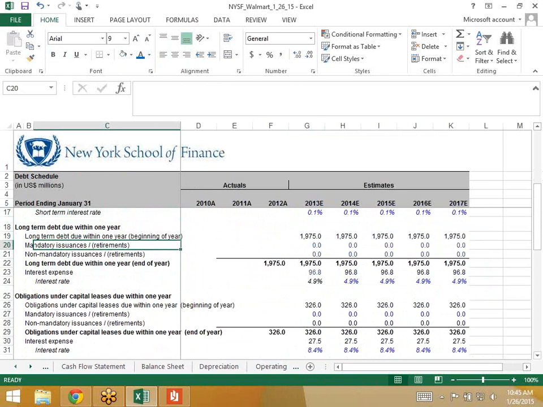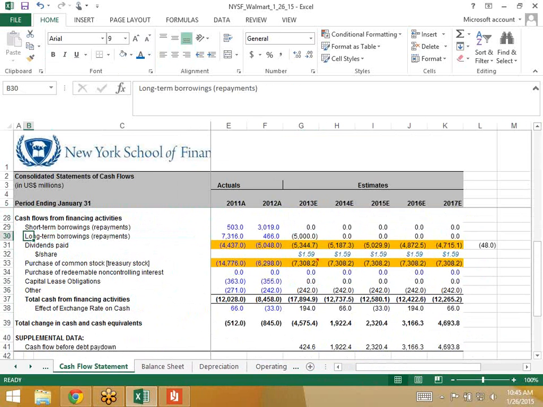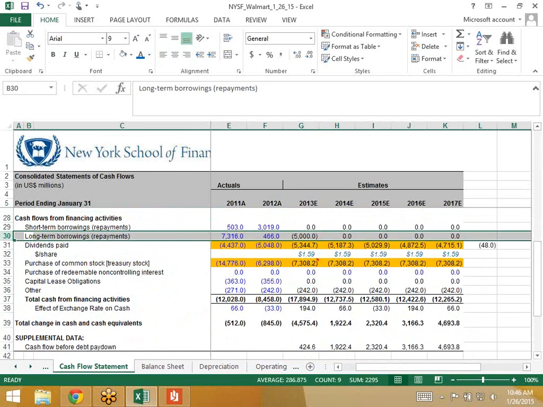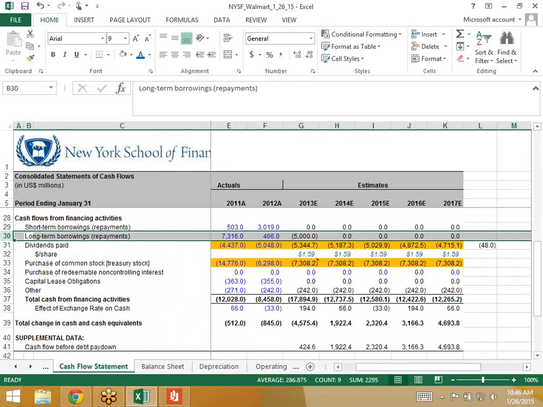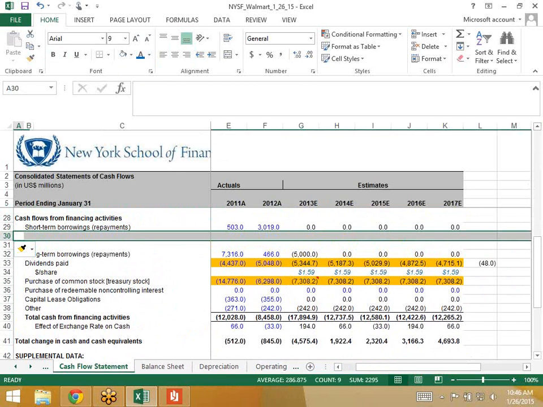I don't know why the company just didn't choose to report that. So we should add 2 rows. Above long-term debt, I'm going to press shift space bar to select the row, and then control shift plus twice.